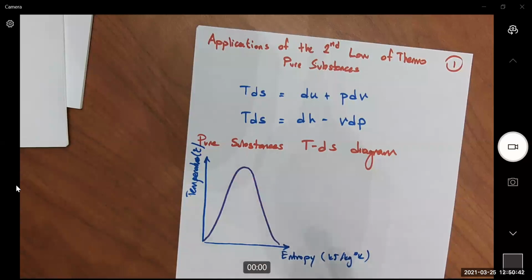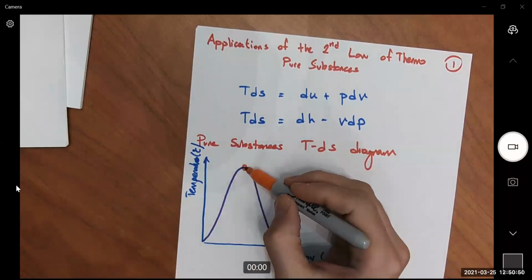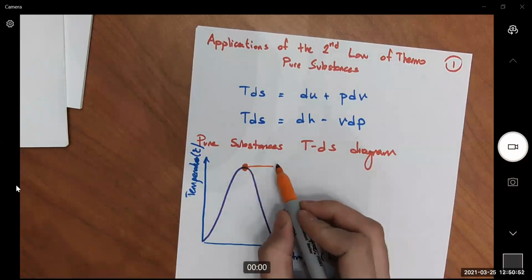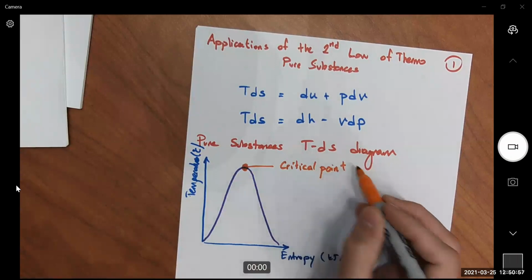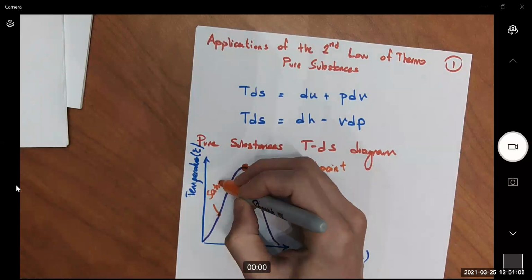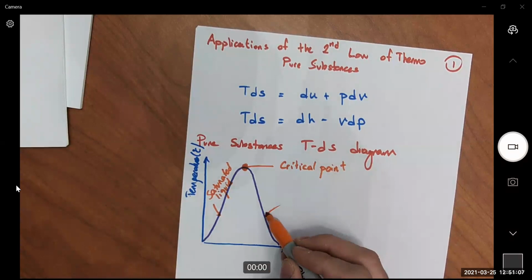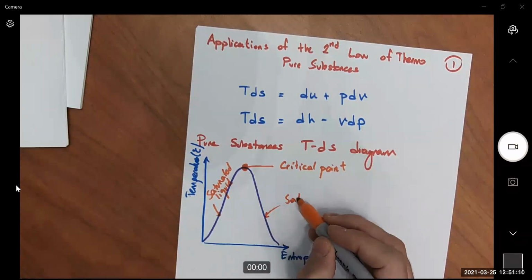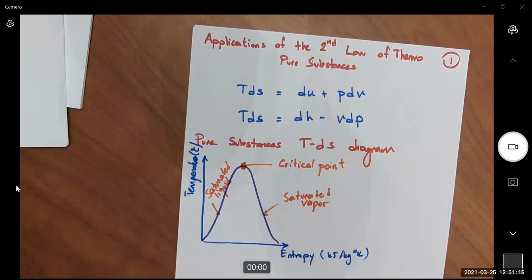On a PV diagram, it leans towards the pressure side, remember. So on this, let's remember the critical point, the saturated liquid line, and the saturated vapor line. Same thing, everything is the same.